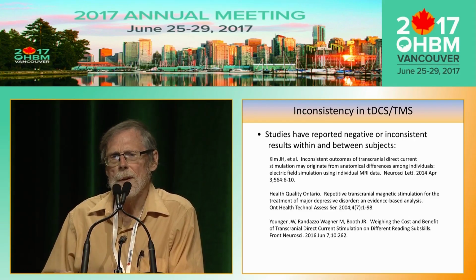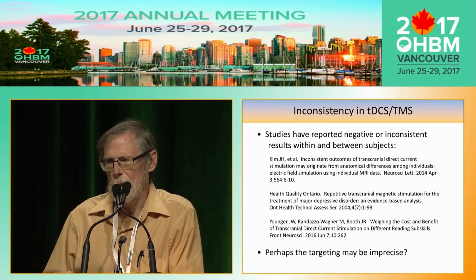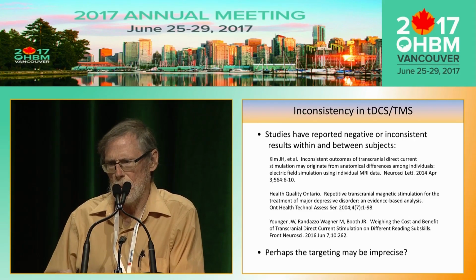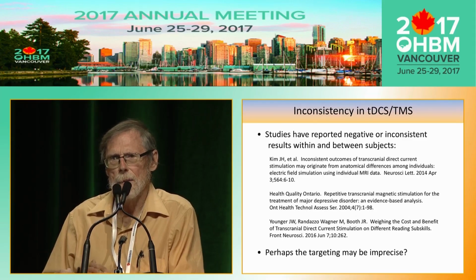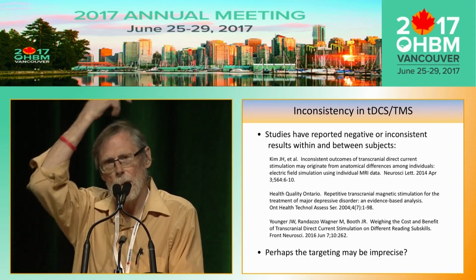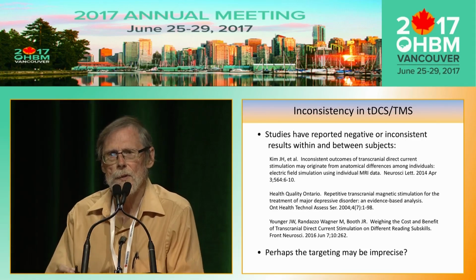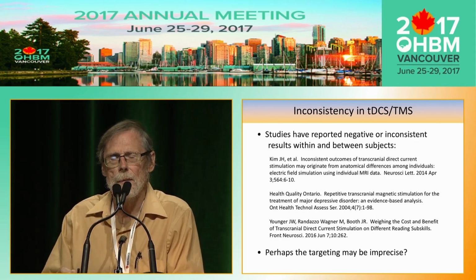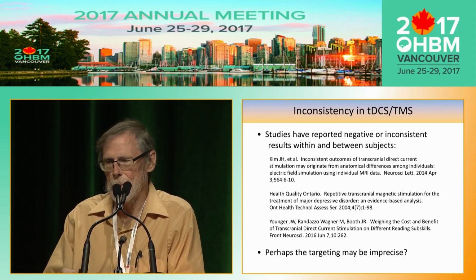And we think that possibly the inconsistencies are the result of targeting that may not be perfect. And it might be hard if you put a montage of electrodes, for example, on different parts of the brain. A small change in their location might significantly affect the regions of the brain that are stimulated.